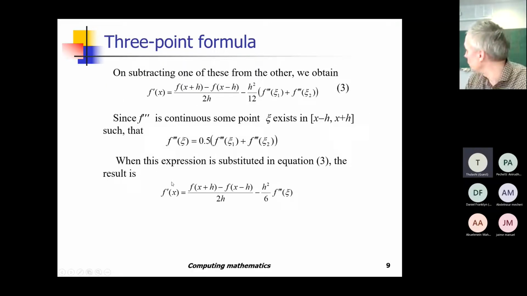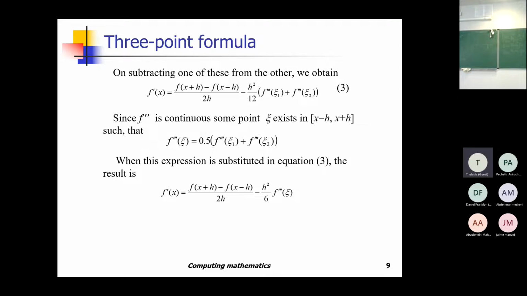This formula, as usual, includes two terms, the approximation and the error term. The error term has two components. The first depends on h, the second depends on the derivative of the function. But here we have the third derivative.